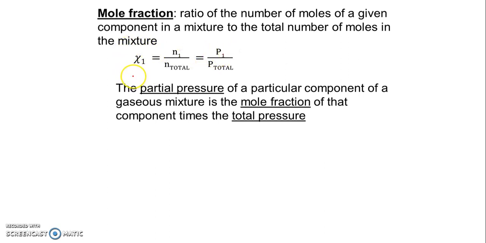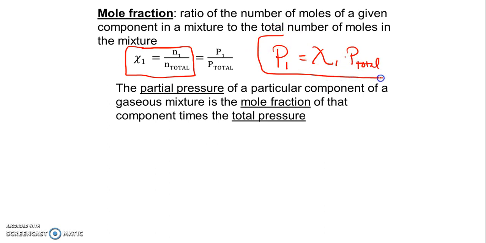And you will notice on your reference sheet, this equation is given, but then it also takes it and rearranges it, and it also has this equation on there. And so this equation allows you to find the partial pressure of any container if you have the mole fraction.